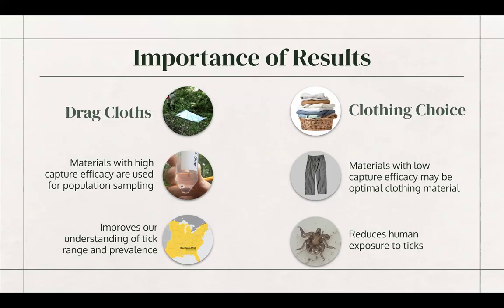And then the materials that don't collect that many ticks could be ideal clothing options for going out into the field in areas where you may encounter ticks to reduce our exposure to something that could give us a disease that is not so fun.